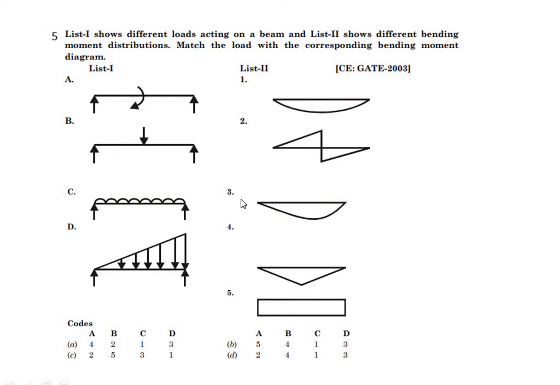It is a cubic curve. See how you can identify it: here the load is more towards the right, so the peak of the bending moment is more towards the right. It is not at the center. It is somewhat towards the right. So for D, the option is 3. You can very well choose the answer as D.